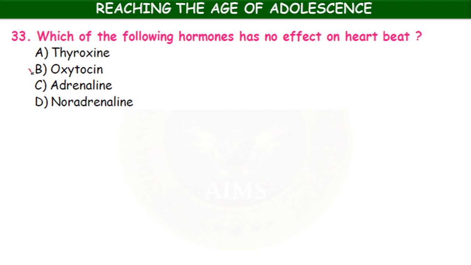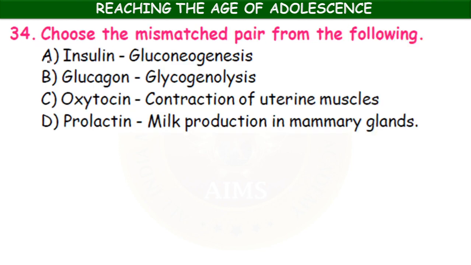Oxytocin is produced in the females and helps in the delivery of the child. At the time of childbirth this is released, which helps in the contraction and relaxation of the uterus muscles. So oxytocin has no effect on heartbeat.